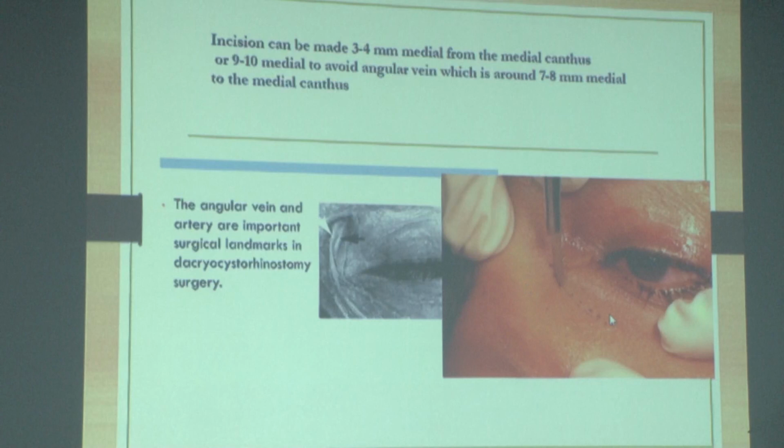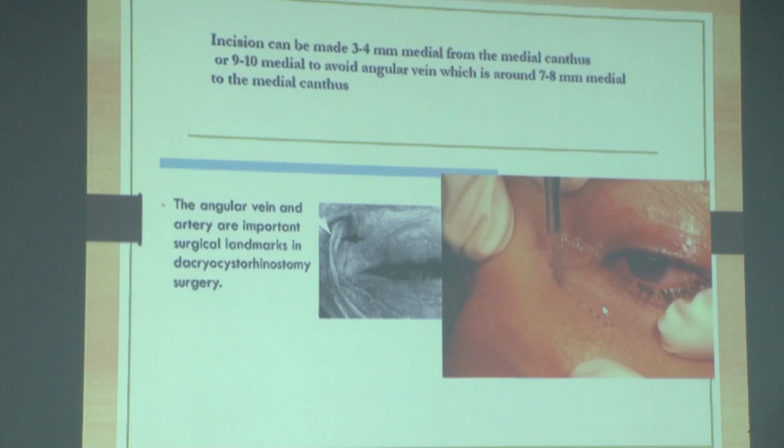Incision making is very simple. There are two schools of thought, but most of the time a 3 to 4 millimeter incision can be made, 3 to 4 millimeter medial to the medial canthus, because the angular vein lies around 7 to 8 millimeter medial to the medial canthus.